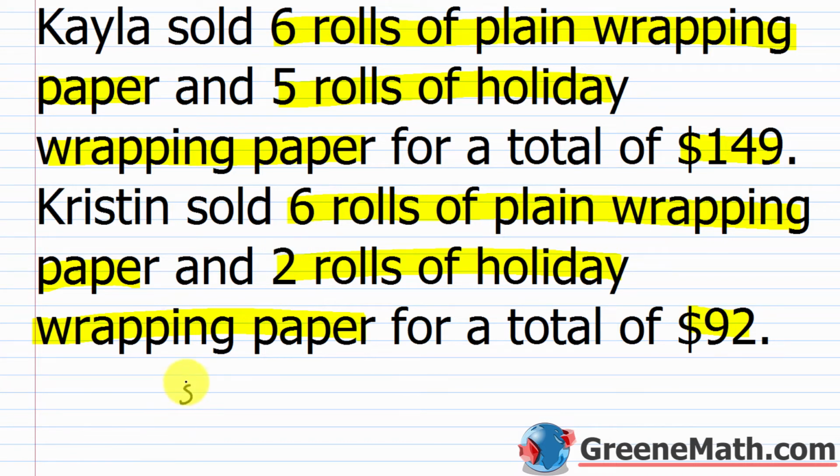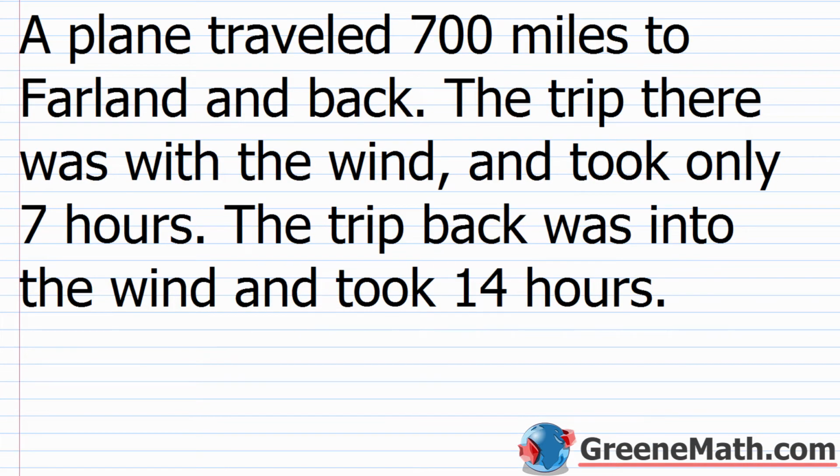So that's $54. 2 rolls of holiday wrapping paper, 2 times 19, right? $19 a piece for the holiday wrapping paper. That's $38. Sum these two amounts together, and you would, in fact, get $92. So our answer here is correct. Each roll of plain wrapping paper sells for $9, and each roll of holiday wrapping paper is going to sell for $19. All right, let's take a look at another one.